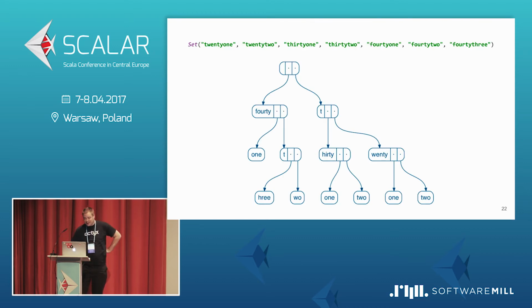The way that works, I have a very constructed example. These are the numbers 22, 31, and so on, so basically numbers which have a very regular structure written as words. And as you can see, if you look at this tree, there's lots of commonality. For example, here we got a node with the value 1. This is not a string, but a node. And here we got the same thing again. Again, for 2, we also got 2 here and 2 here.